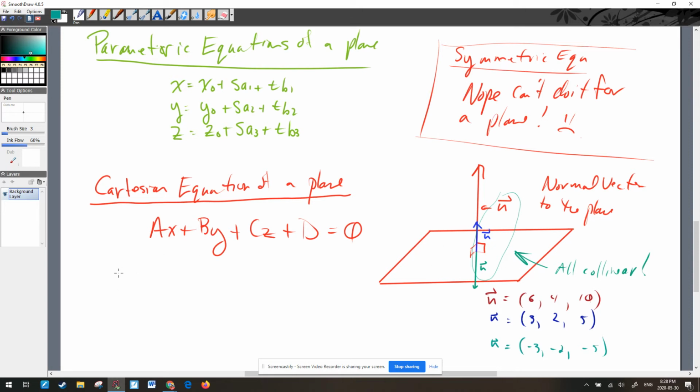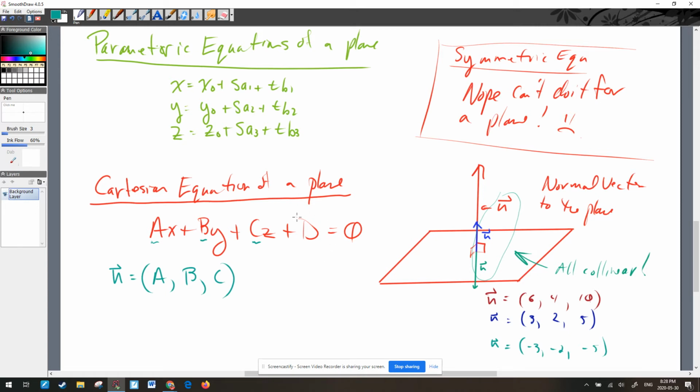Now, the normal vector to the plane is actually going to be A, B, and C. So this coefficient, this coefficient, this coefficient, when you put them together, they form the normal vector to the plane. So it is perpendicular to every line that resides on that plane.